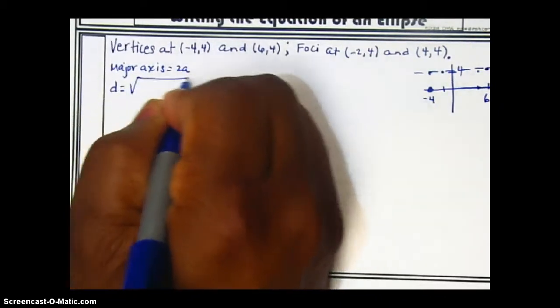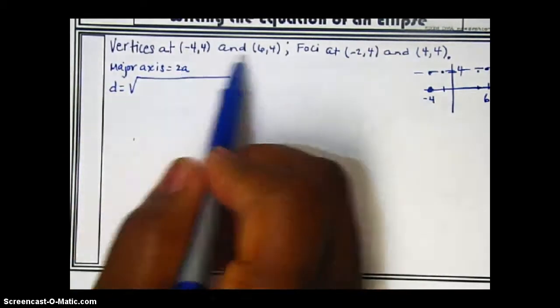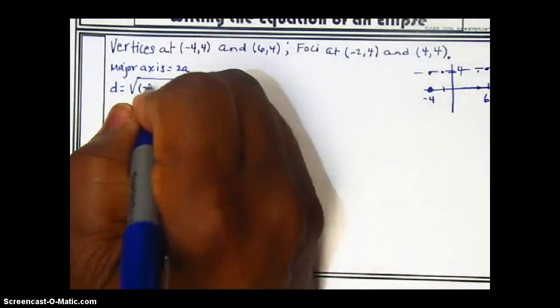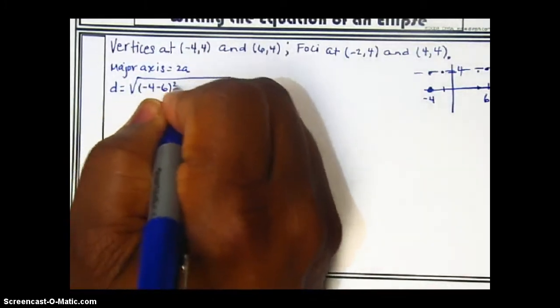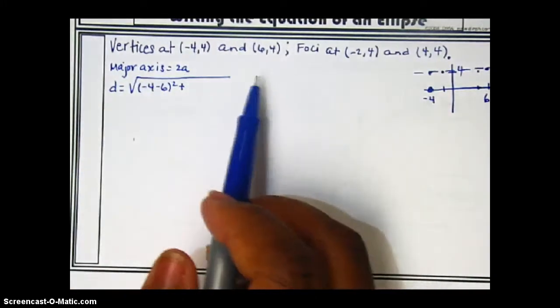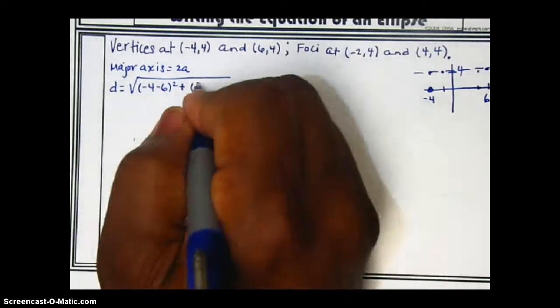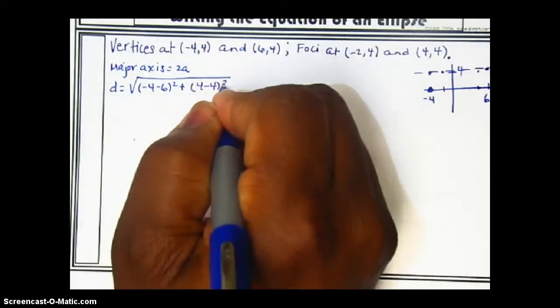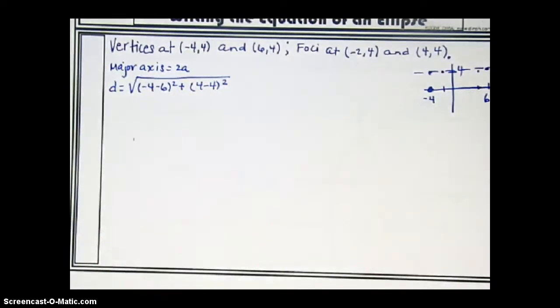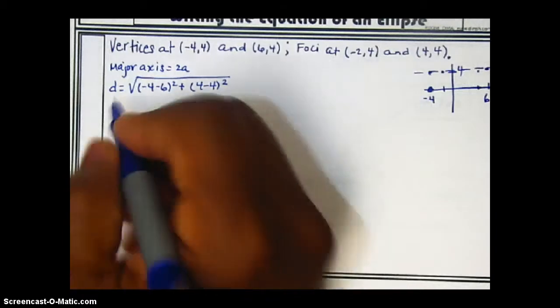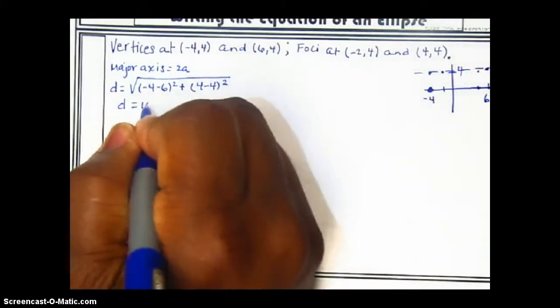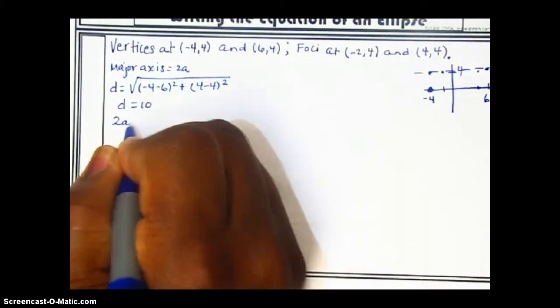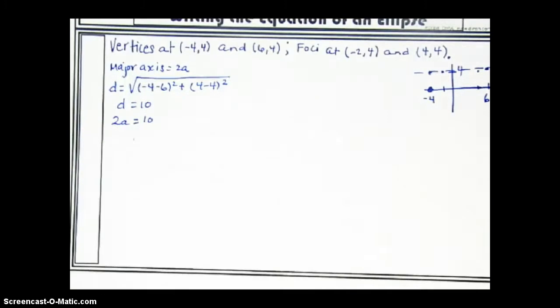I'm going to use the distance formula here, which is the square root of the x coordinates subtracted from each other, so -4 minus 6 squared, plus the difference of the y coordinates, 4 minus 4 squared. And if you do some quick magic on your calculator, you'll find that this distance is 10, and this is 2a, the length of the major axis.